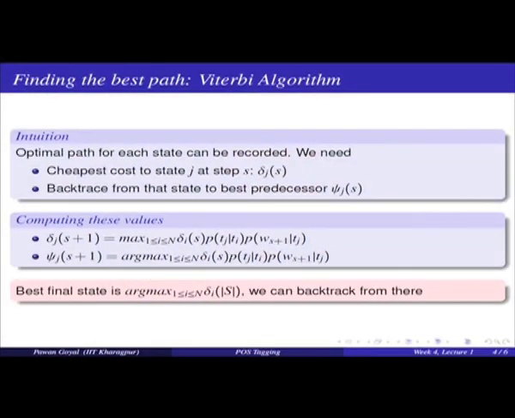And how do we end? Once we have gone through the sentence end, I will have the probabilities for all the possible states at the ending word. I will take the maximum of those and backtrace from there, and that will give me the optimal tag sequence for this particular sentence. I hope this algorithm is clear.